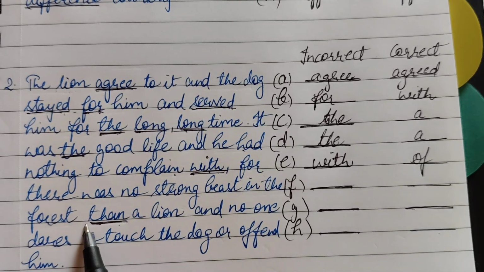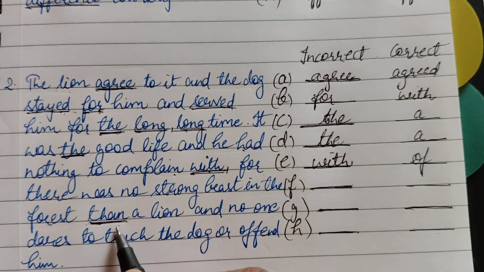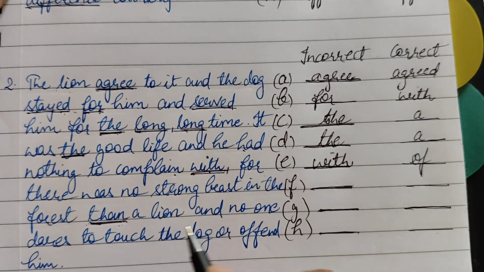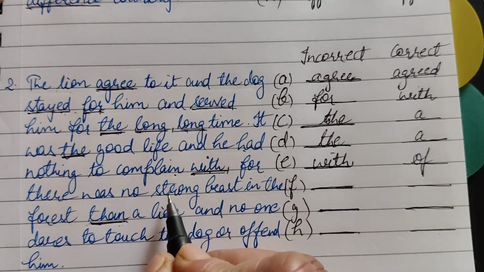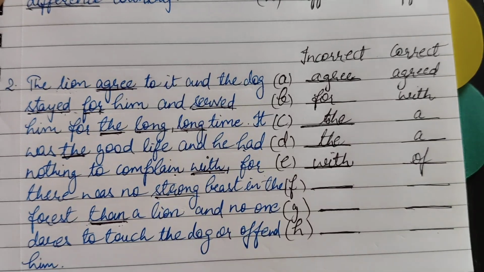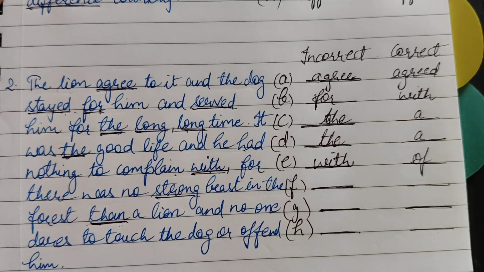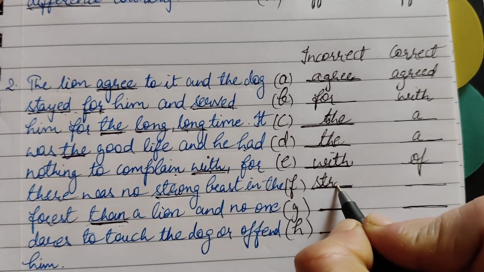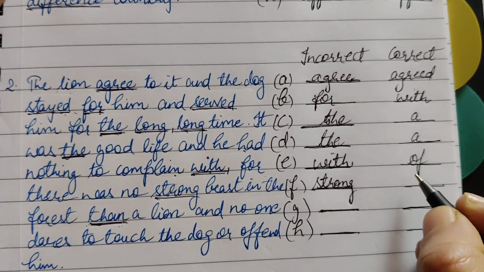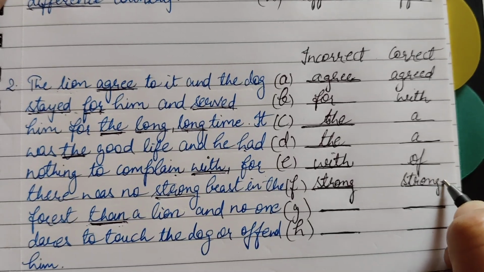So whenever we use this word then, we use er in our verb. So here the verb is strong and we will be using er with this word strong. Let me write the answer, then I will again clear this thing to you and you will understand completely.